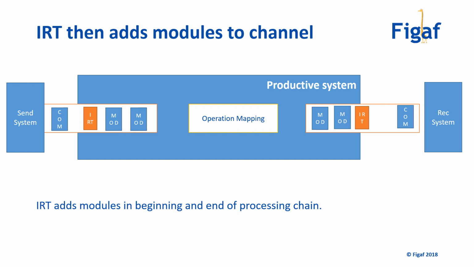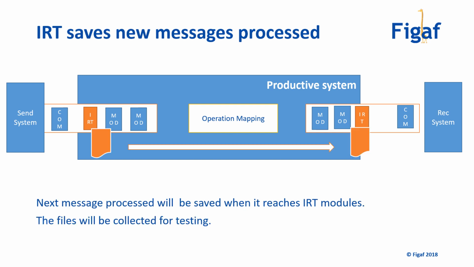Then IRT would add modules in the beginning and end of the processing chain, and these modules are really lightweight, so they don't have a large performance impact on your system when they're added. Then when a message is processed, it will be saved. So if you say you want the next 5 messages, they will be saved, and you can then collect these for later testing.